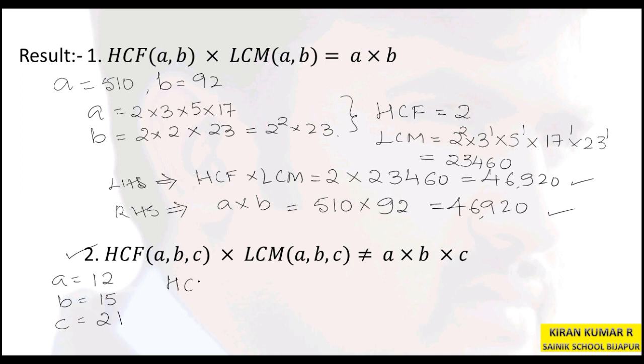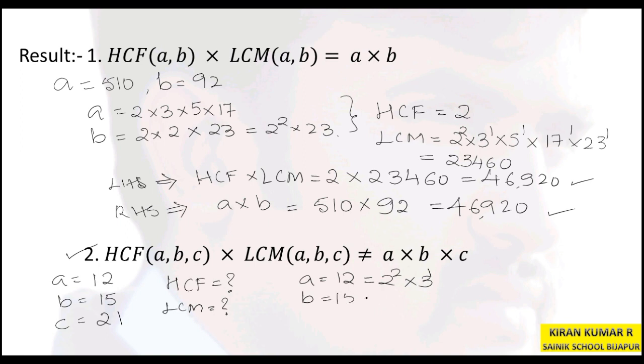Let's find the highest common factor and the least common multiple. For doing that, I'll express 12 as a product of primes. It is 2 square into 3 raised to the power 1.